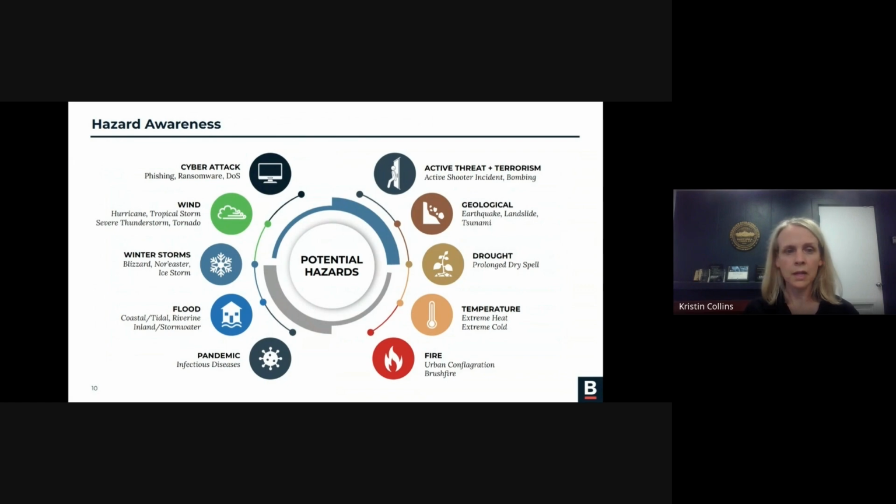So things like hurricanes, blizzards, floods, a pandemic, an earthquake, a drought that might impact your supply chain, extreme temperatures, extreme heat or cold, and then a fire as well.